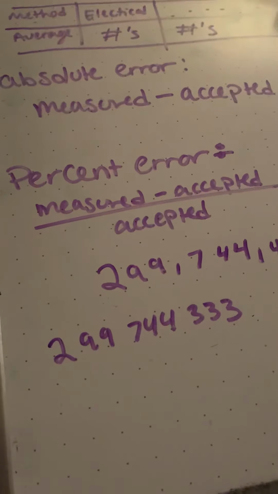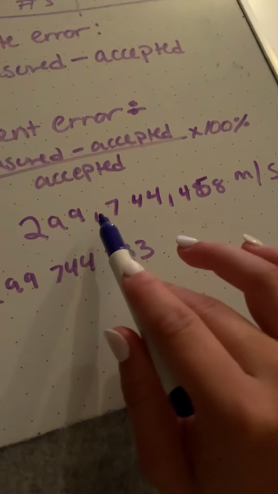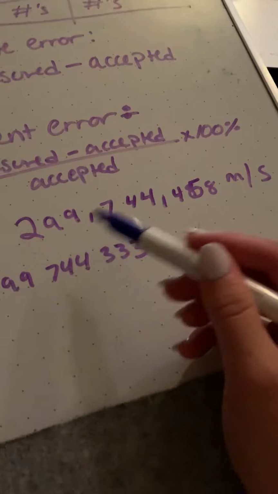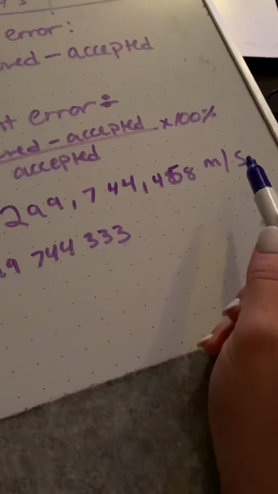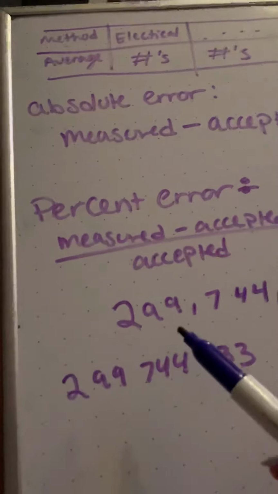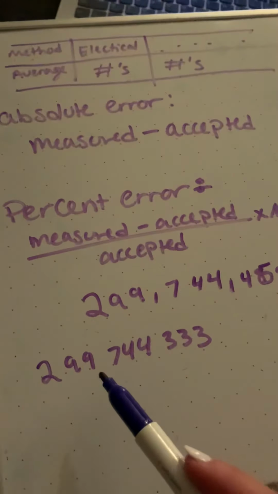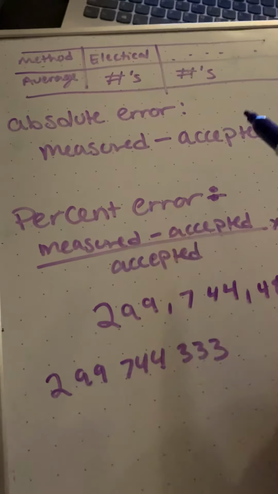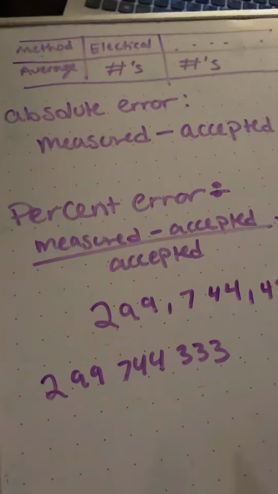Because that's the value that I got. This is the one that we know based off of things that have been accepted, based on scientists doing this over and over and over and saying, okay, this is what the speed of light is at all times. So our method with electrical gave us this number, so we're going to use that as the measured and this as the accepted. So if it asks me for absolute error, that's how I'm going to use these values.